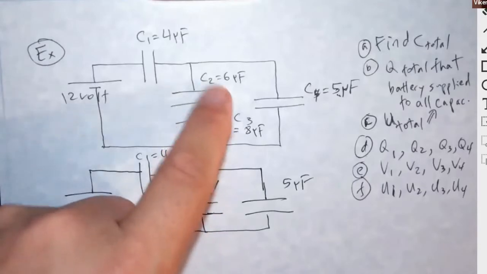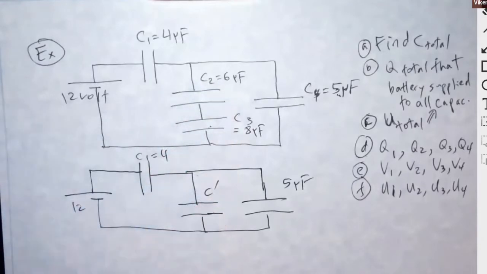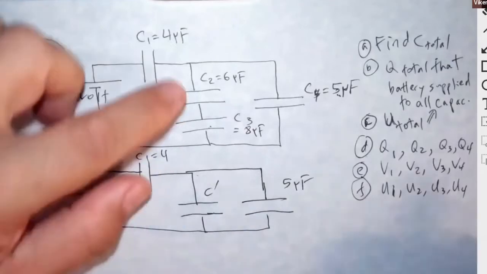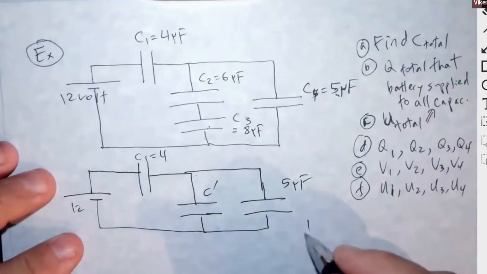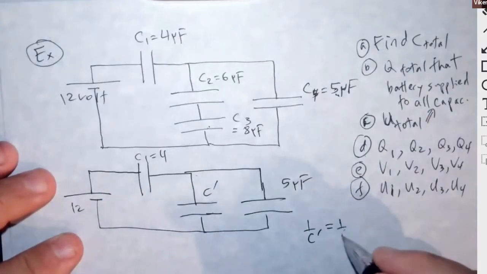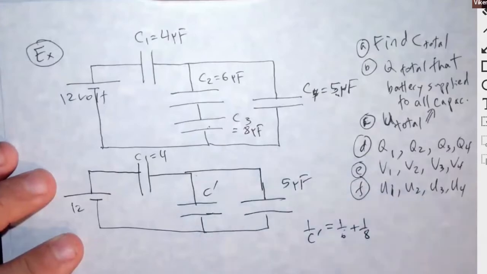So now these two combined is C prime. Now find the value of C prime. These two capacitors are in series, right? So you can do 1 over C prime is 1 over 6 plus 1 over 8.